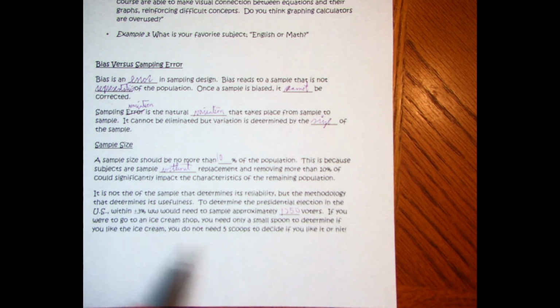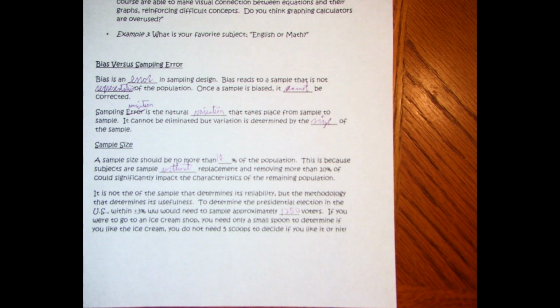If you go to an ice cream shop, you only need a small spoon to determine if you like the ice cream. If you ever go to an ice cream shop, they give you a little spoon. You don't need to eat the whole 5-gallon tub, though you may like to. But you only need a small scoop to get a flavor of what that ice cream is going to taste like. Okay, so it's the same thing in sampling.